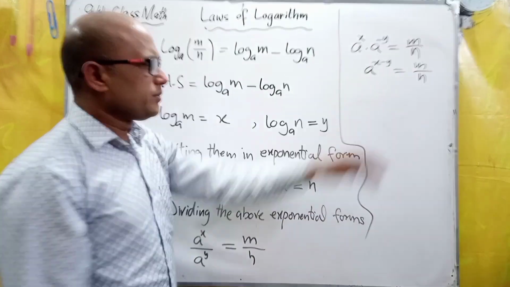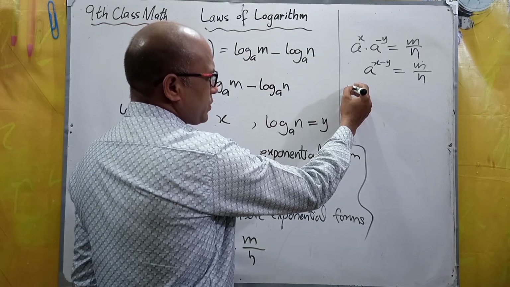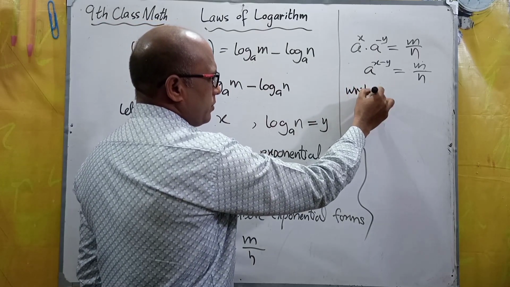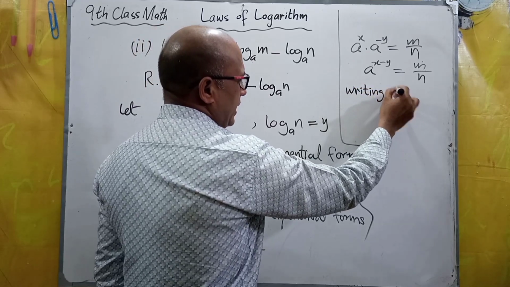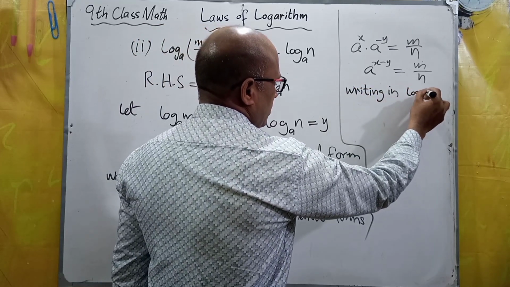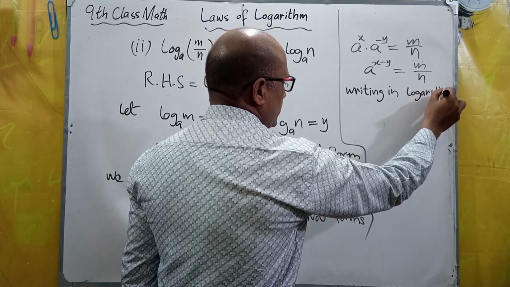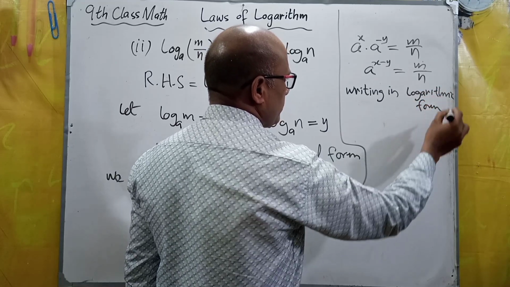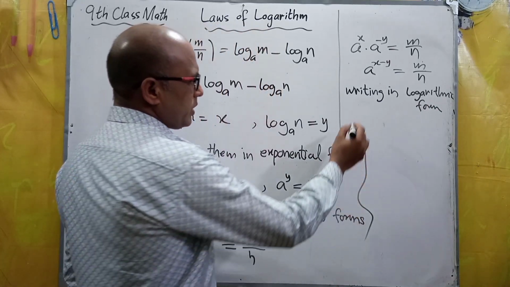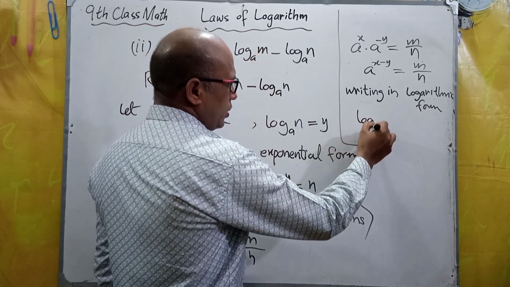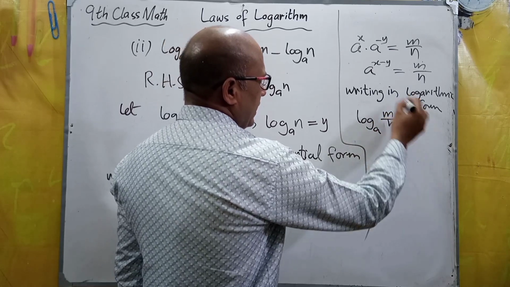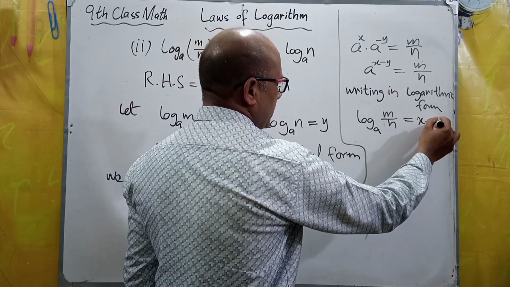Now students, we have to write them in logarithmic form. Writing in logarithmic form we will get log a of m over n is equal to x minus y.